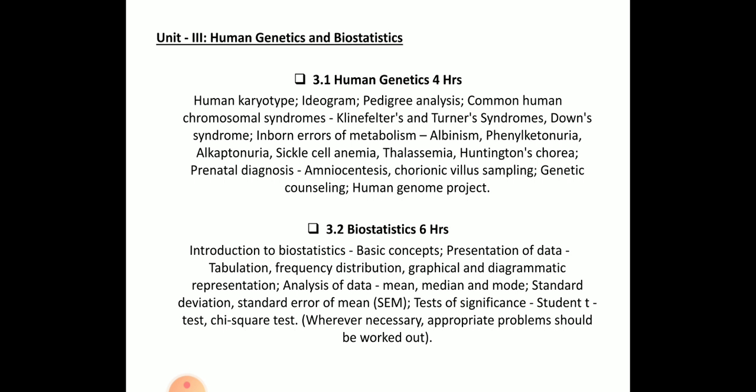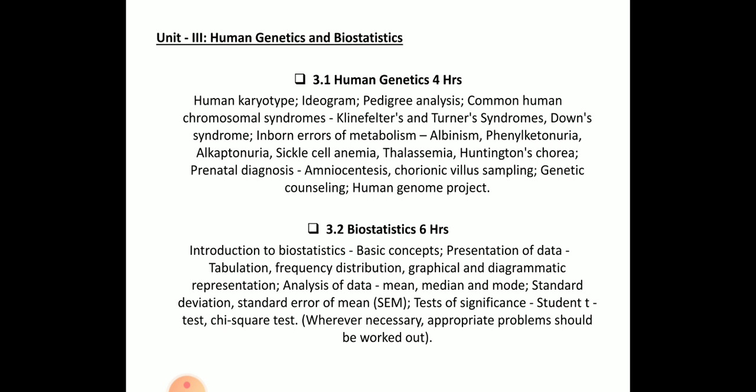Then there are some inborn errors like albinism, phenylketonuria, sickle cell anemia, thalassemia, Huntington chorea, and there are some prenatal diagnosis, that is amniocentesis, then chorionic villus sampling, then genetic counseling.